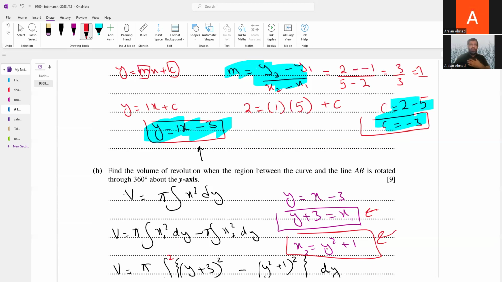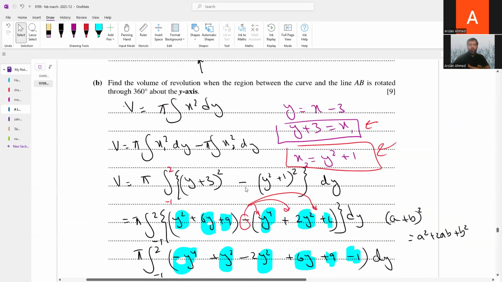Then I plugged the equations into our main volume integral. So it would become pi x1 squared minus pi x2 squared. Then I plugged in the values of x1 and x2, which were in terms of y, obviously. Why in terms of y? Because the region is rotating around the y-axis, and we have to plug in the limits of y.